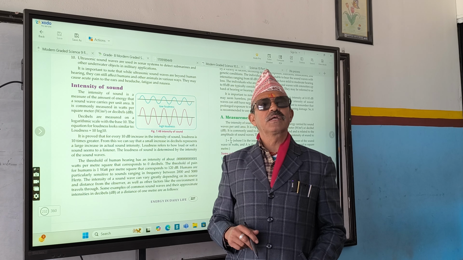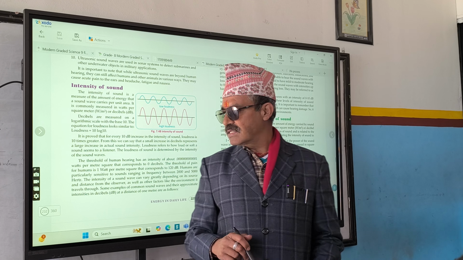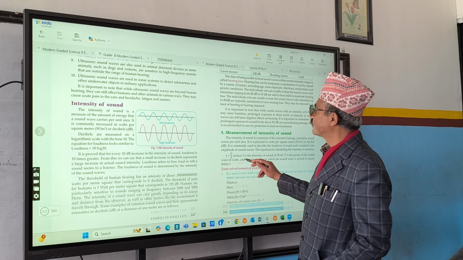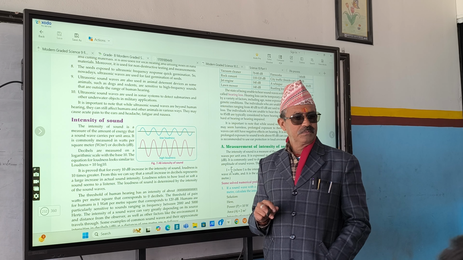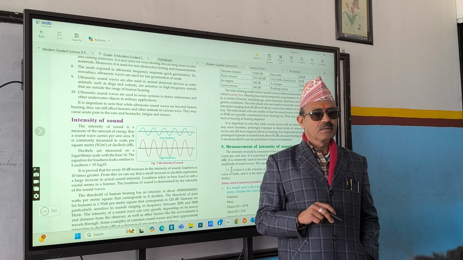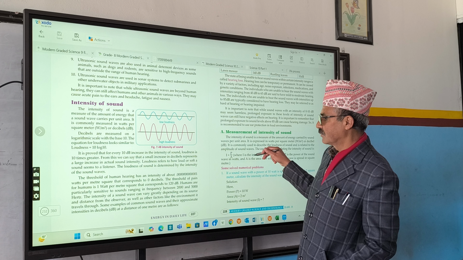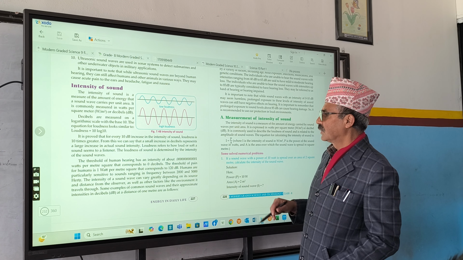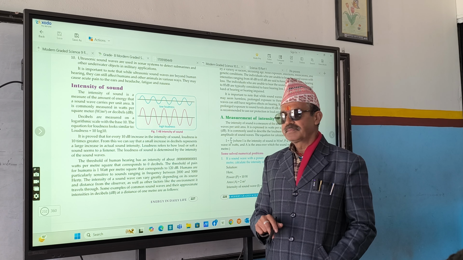Define intensity of sound and mention its unit. Draw a diagram to show intensity of sound. What is the threshold of human hearing?